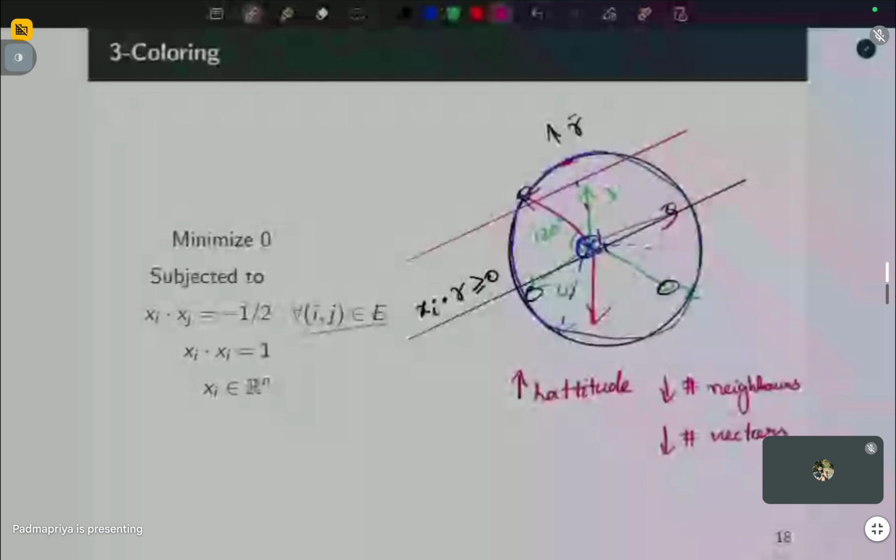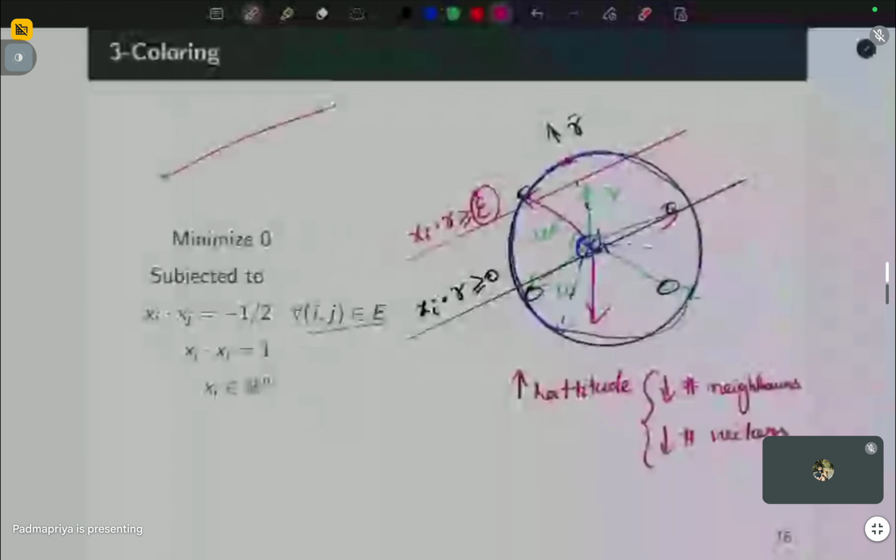So there is a trade-off in what latitude you want to fix. This epsilon value gives you a good trade-off. It makes you pick very few neighbors and more vertices, so that the idea at the end is like what we did in the two coloring case: pick an independent set, color it off.